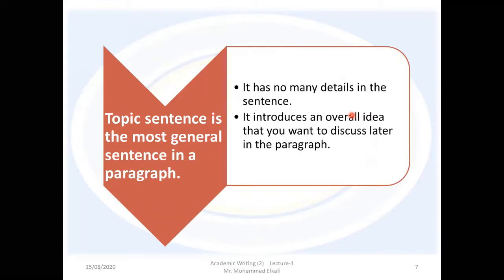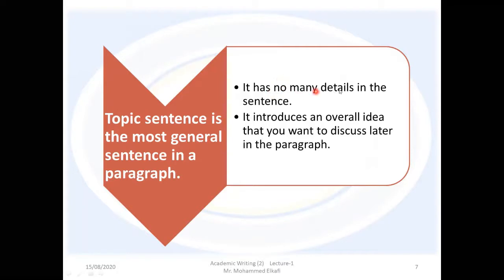We should think of this point of generality because it is very important. The topic sentence will be the most general sentence because it does not have many details.